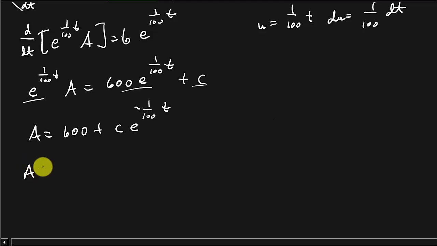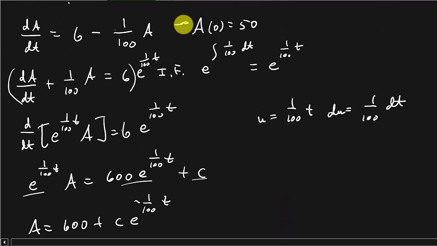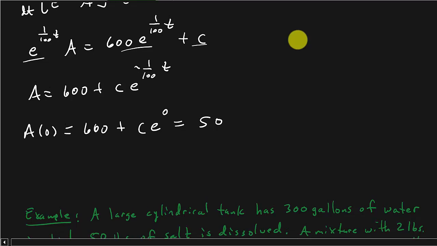And then we have A of 0 is equal to 600 plus c e to the negative, well, we're plugging 0 in for t, so that would be raised to the 0, and that is equal to 50. Remember, we got that earlier.